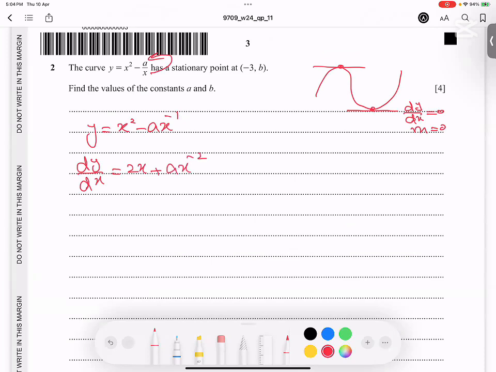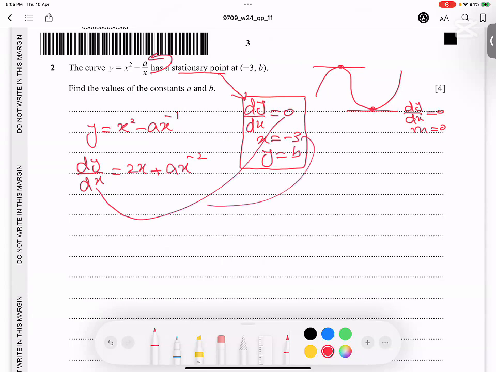According to the situation, stationary point means the derivative is equal to 0. At the same time, I will plug in x is equal to 3 and y is equal to b. These three values we have been given. At a time, I can put 0 here and x here and here. So let's try to solve it.